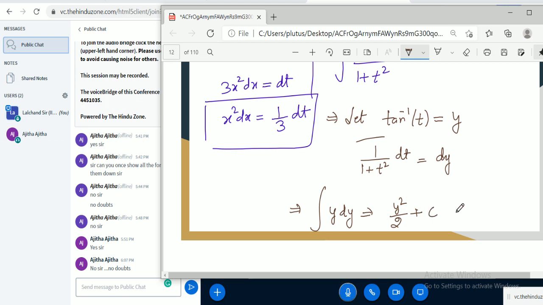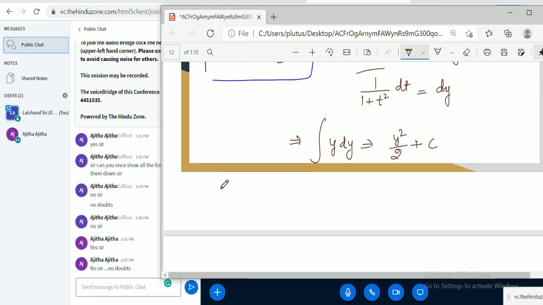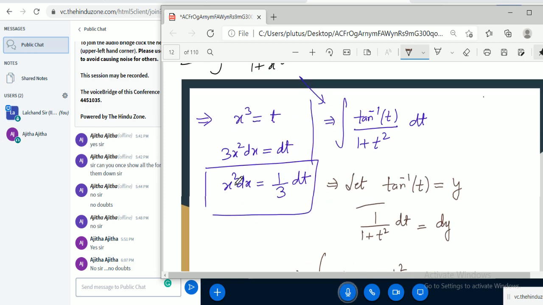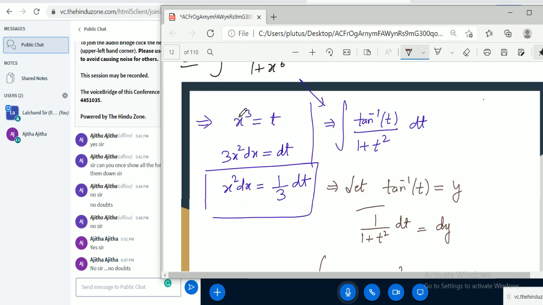Now try to substitute back. If we substitute back all these values, then what is the value of y? Y value is tan inverse t. So we got (tan inverse t) whole square by 2 plus c. Okay. And what is the value of t? If we do back substitution for t, the value of t is x cube.